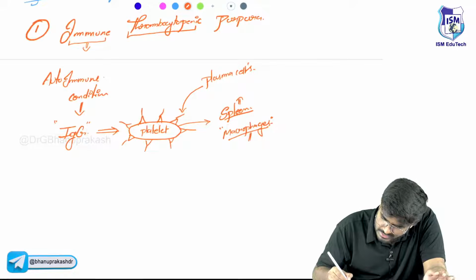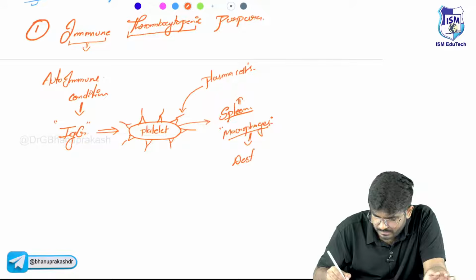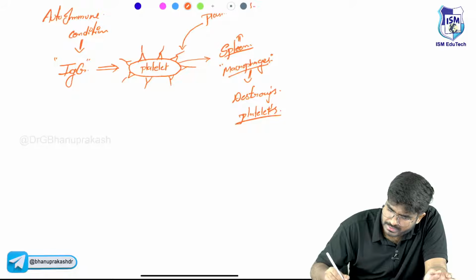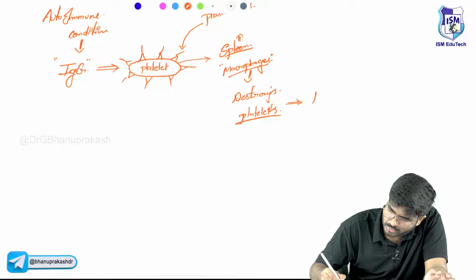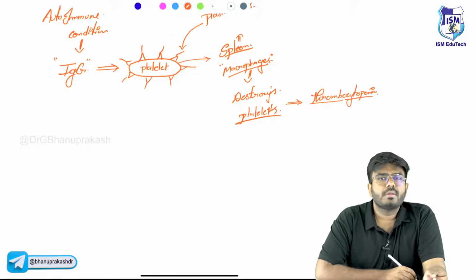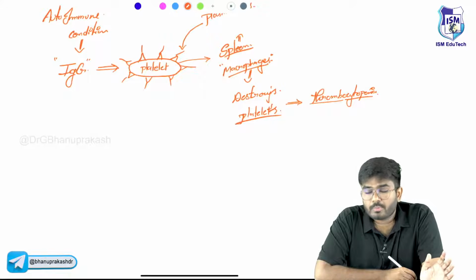So the splenic macrophages destroy platelets. So what happens to the number of platelets? The platelets are going to go down. So, thrombocytopenia.